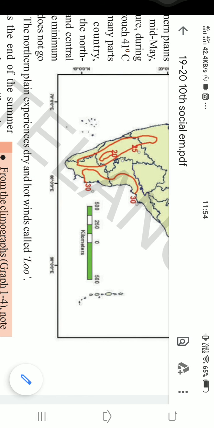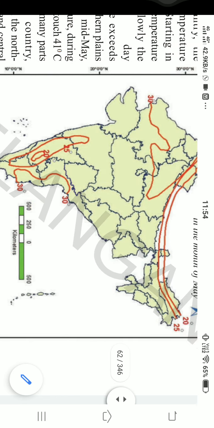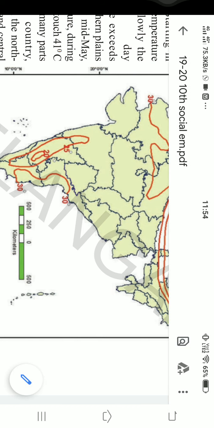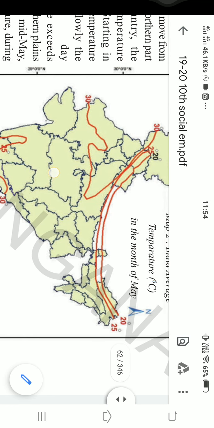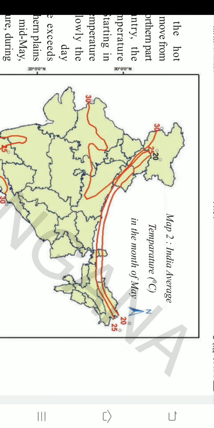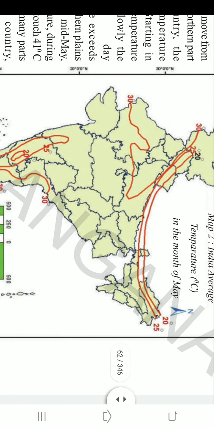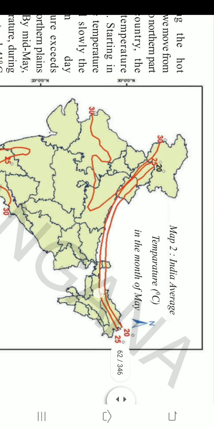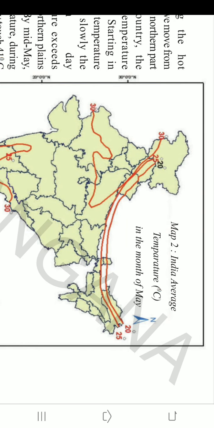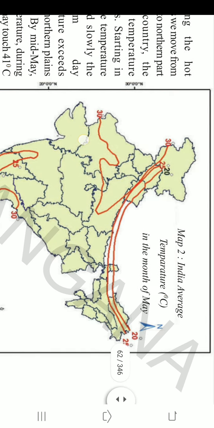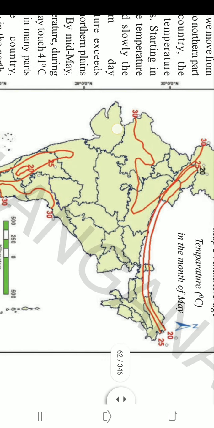One is the Bay of Bengal branch, another is the Arabian branch. These two branches move further towards the north, and the Bay of Bengal branch reaches the Shillong Plateau in Meghalaya. The Arabian branch also reaches the western part of India where the desert is.